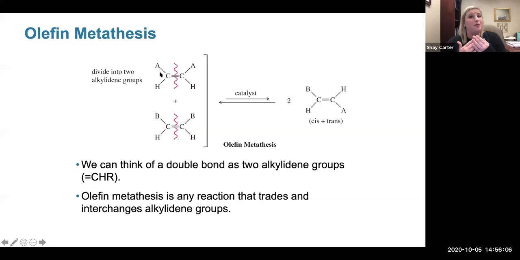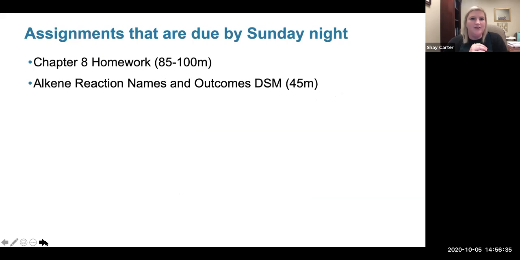So here we have a cis alkene, we use a catalyst and we end up with a cis plus trans. So olefin metathesis is any reaction that interchanges alkylidene groups. Okay, so that's olefin metathesis, and that's all we're really going to talk about as far as that goes.